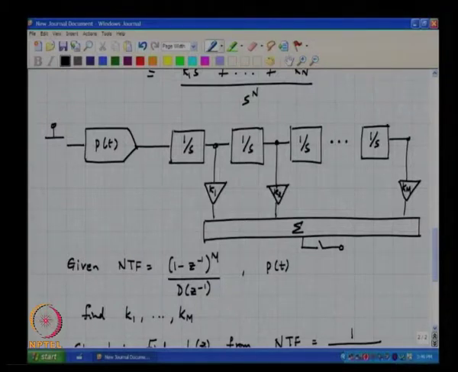sampled values. And we can see clearly that the sampling can be moved before the summation and before the weighting of the outputs of the integrators, correct. So, what I am going to do therefore is to move the sampling operation here, so this will be L1 of t, this will be Lm of t.